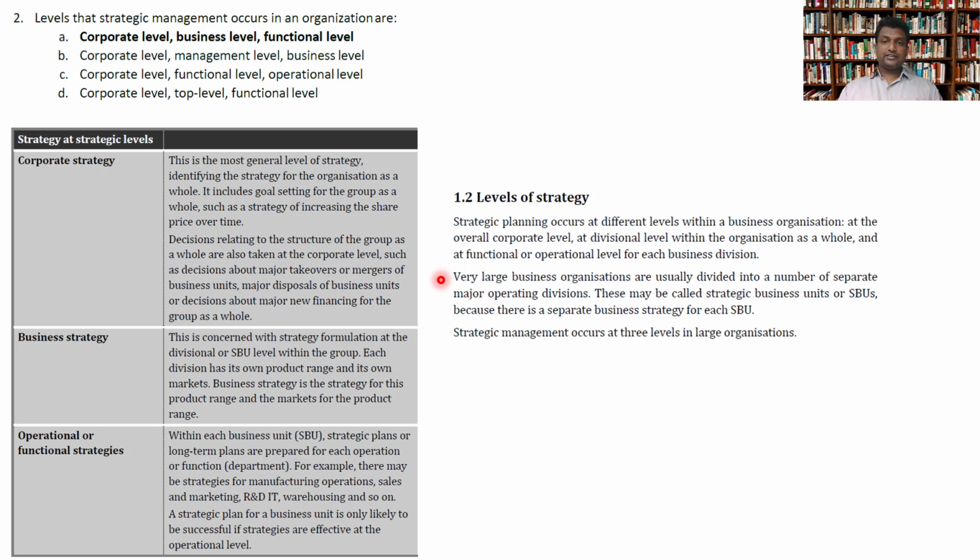It also says that very large business organizations are usually divided into a number of separate major operating divisions. I think you have heard this word, SBU, strategic business unit. Each separate business unit will function as one organization inside the organization, working towards that organization's product or service.